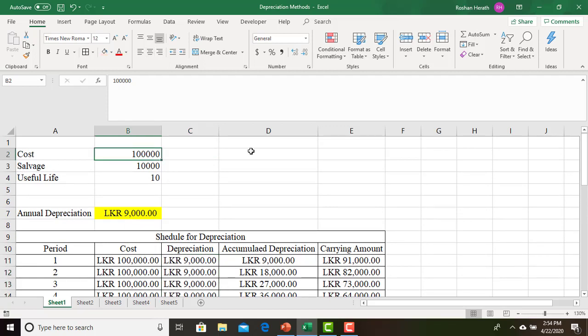You may assume different cost, salvage value, and useful life figures, and try these four methods for the assumed figures. That is how you can improve yourself.